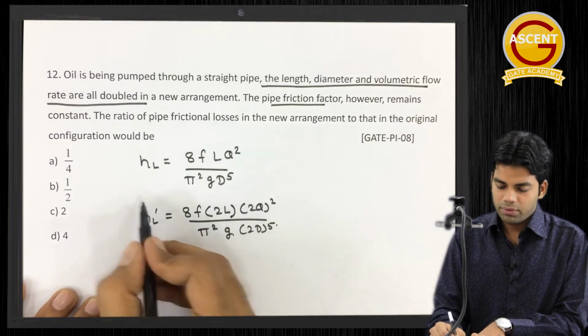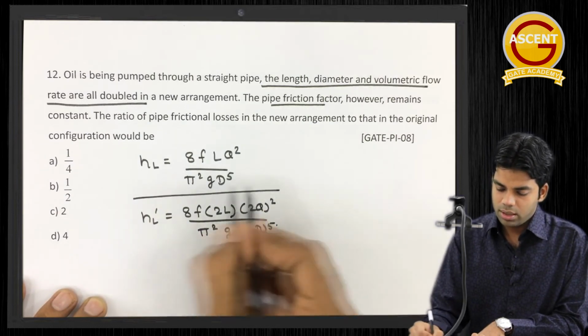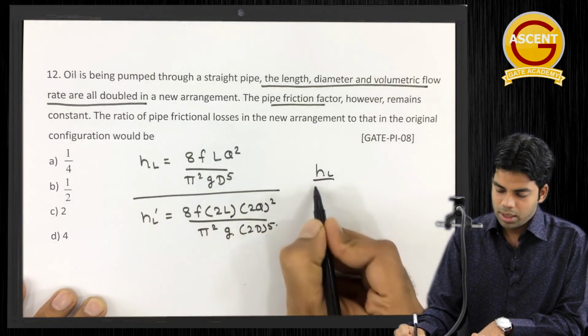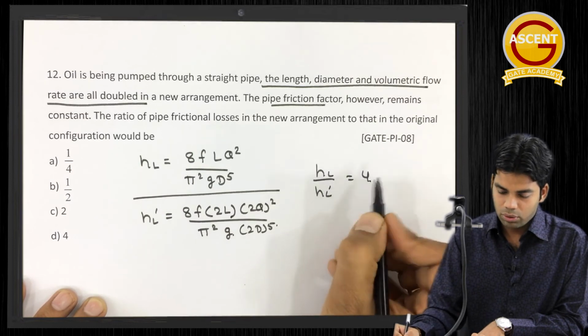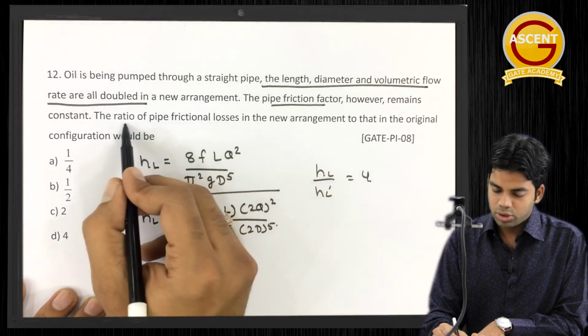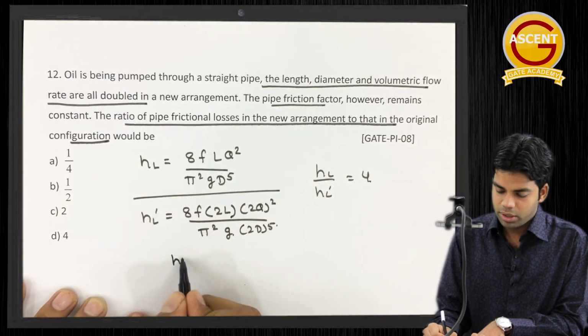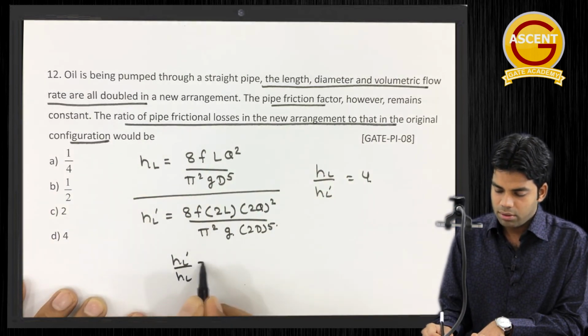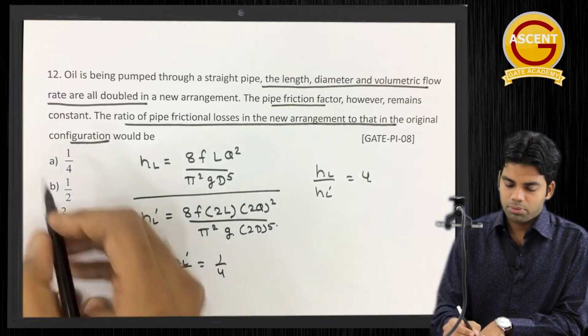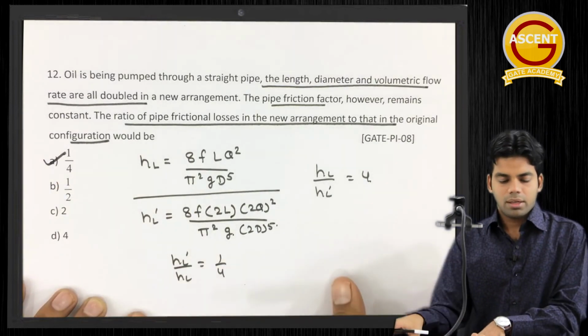Getting this? If I take the ratio, hL by hL dash will be equal to 4, but we have to calculate the ratio of the new arrangement to that of the original configuration. That means we have to calculate hL dash by hL, which is equal to 1 by 4 or 0.25. Answer is A. Getting this or not?